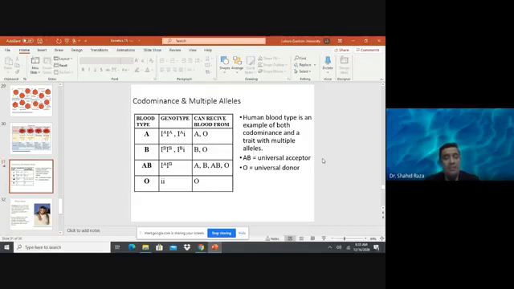Blood type A can receive from blood type A and O, blood type B can receive from blood type B and O, blood type AB can receive from AB and O, and then blood type O can receive from blood type O. So here we must remember that human blood is an example of both codominance and a trait with multiple alleles. Always remember blood type AB is universal acceptor, while blood type O is the universal donor.